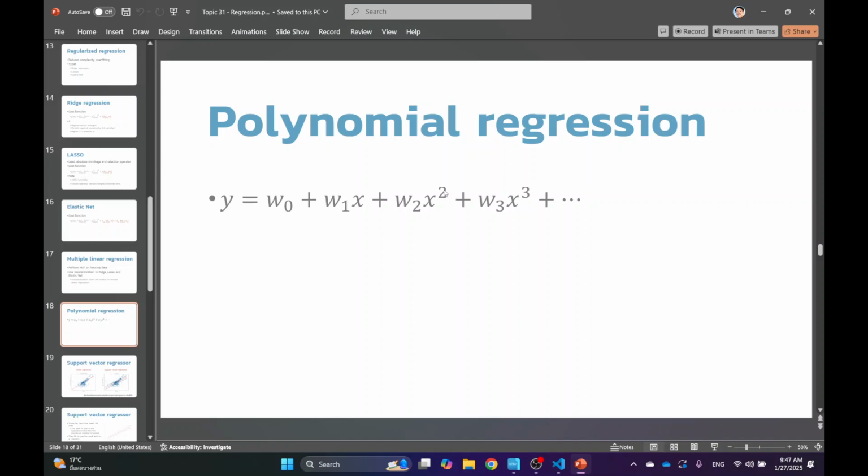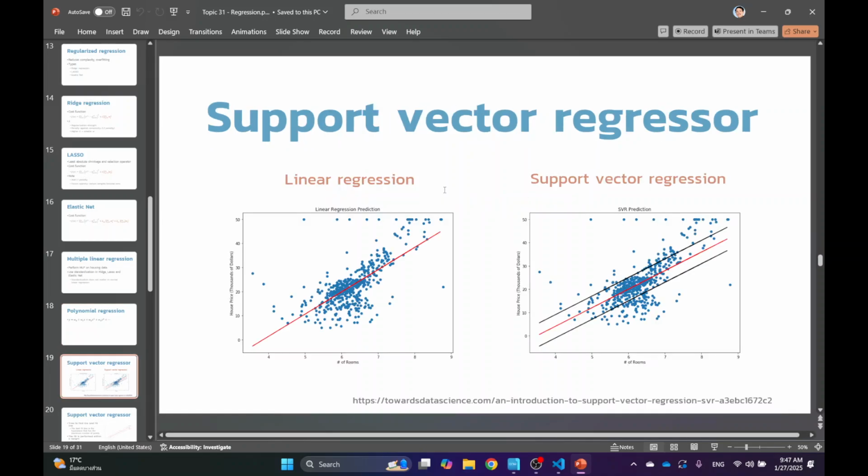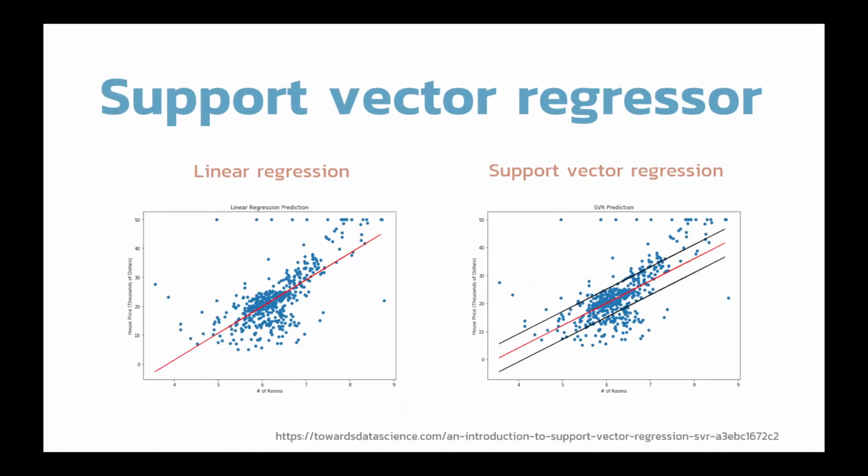But if that's not enough, then you might want to consider something like the support vector regressor, which is also one of my favorite models because it's so powerful but still lightweight enough to do a lot of tasks. Okay. So in order to explain SVR, the support vector regressor, I want to go back to the linear model again.